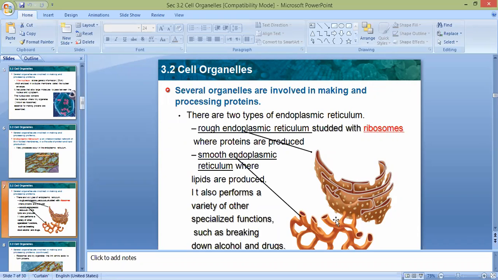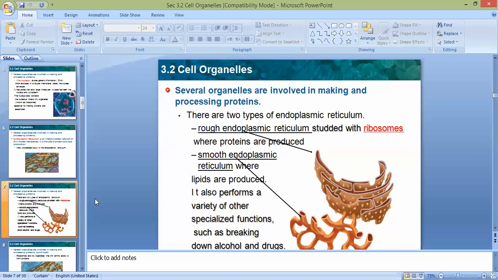That is why we call it rough endoplasmic reticulum, where the protein synthesis happens. The protein synthesized by the ribosomes will be transported through this rough endoplasmic reticulum maze, and the smooth endoplasmic reticulum is also important for synthesizing lipids.